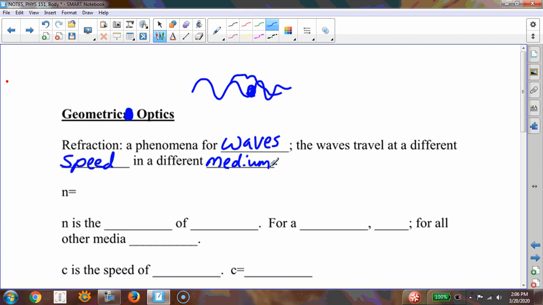We describe this by something we call the index of refraction. N is the index of refraction. It describes how much the speed changes when it goes from one medium to another. And it's equal to c, which is the speed of light, divided by v, where v is the speed in the medium.